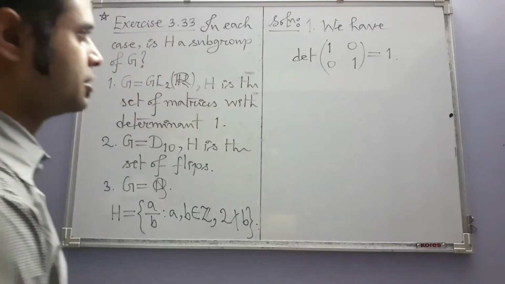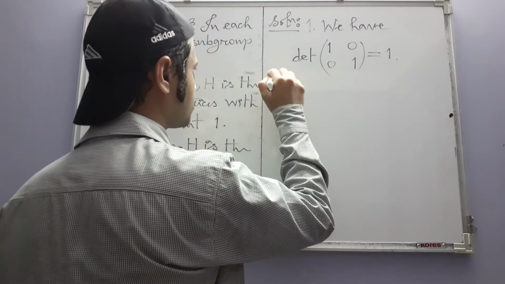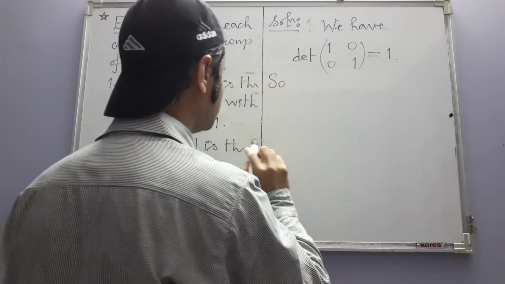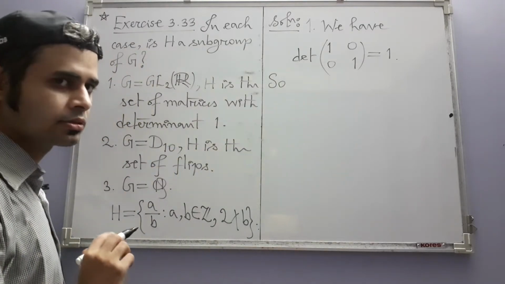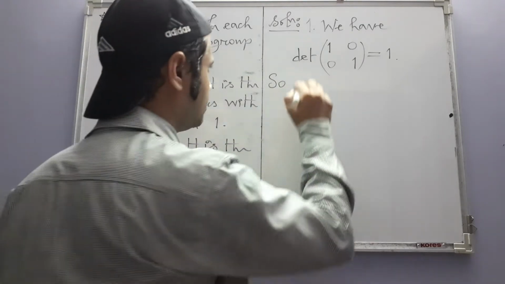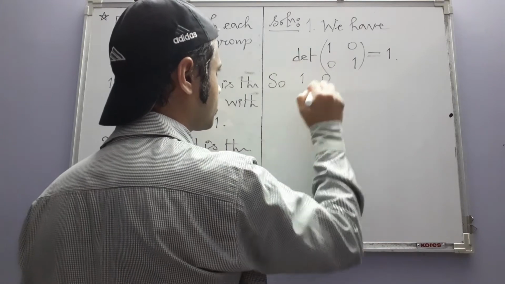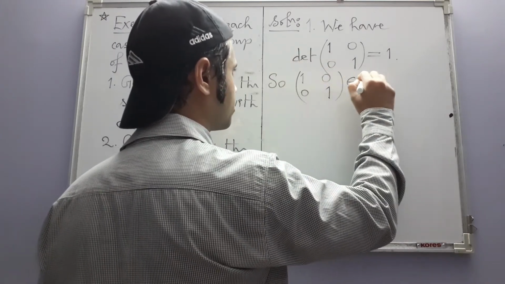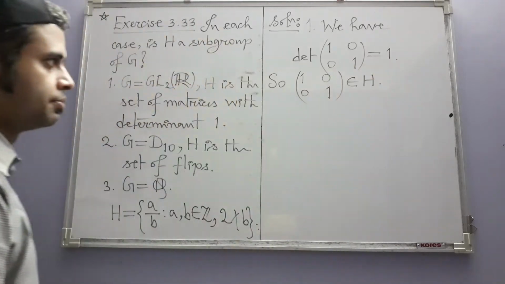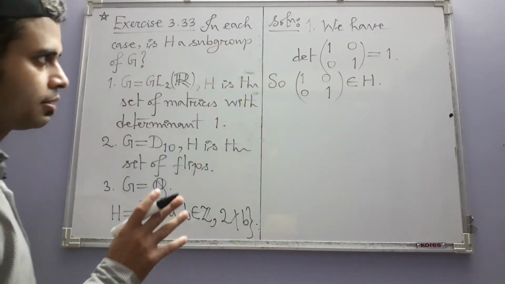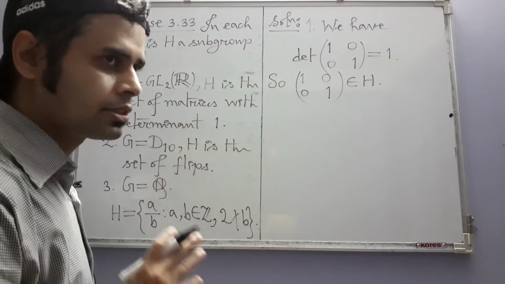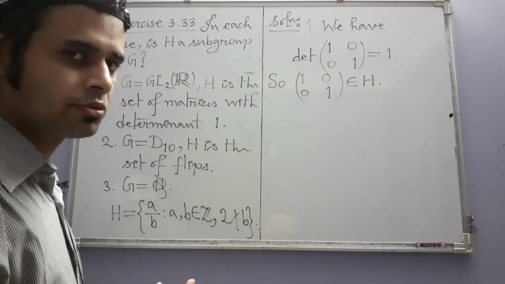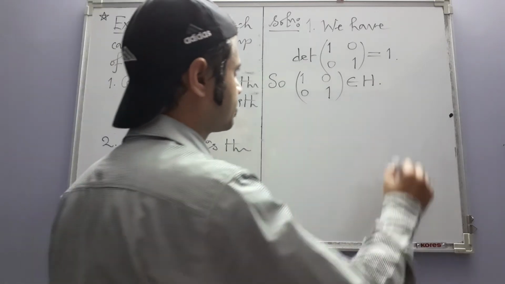We already know this fact. So that means it's a unimodular matrix, a matrix with determinant 1. So this will belong to H. Okay, so H satisfies the first criterion for being a subgroup.